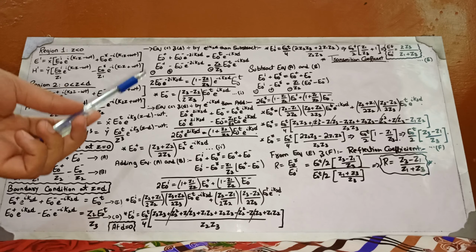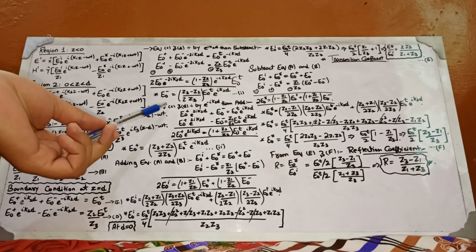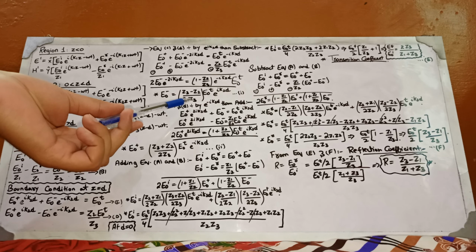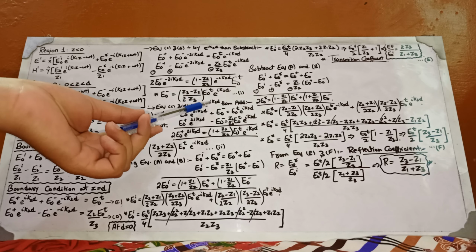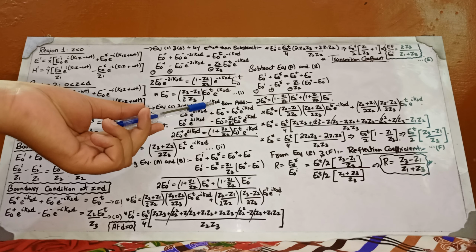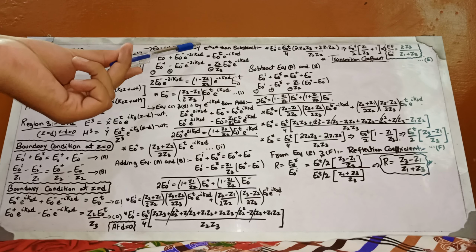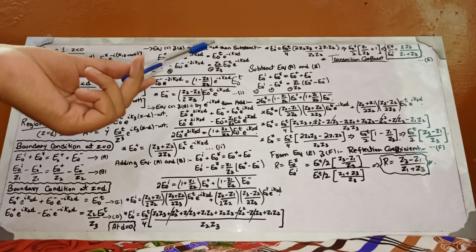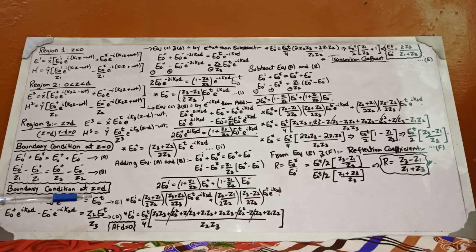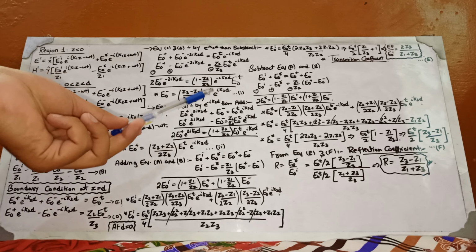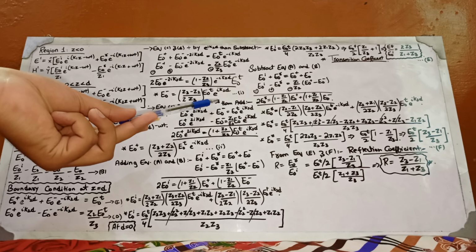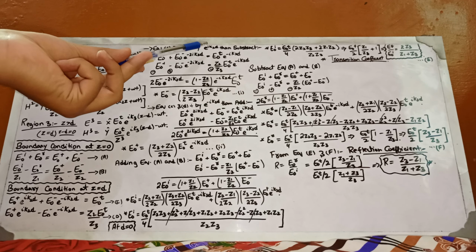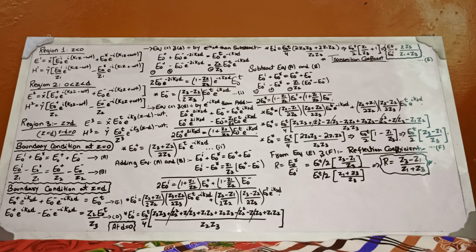To do so, now you have to use equations C and D. Now you have to divide your equations by e^(-iκd). Initially, you divided by e^(+iκd). Now you have to divide equations C and D by e^(-iκd). Initially you subtract, now you are going to add.